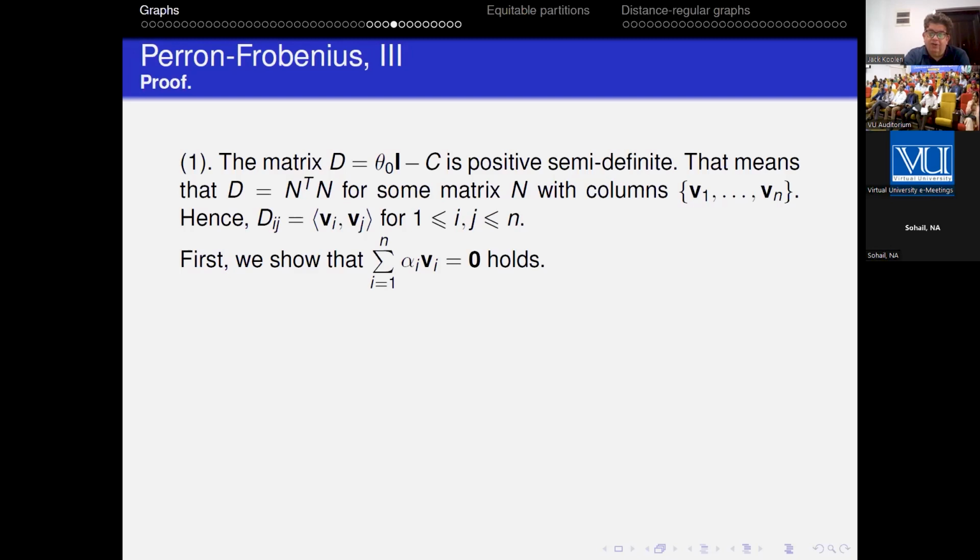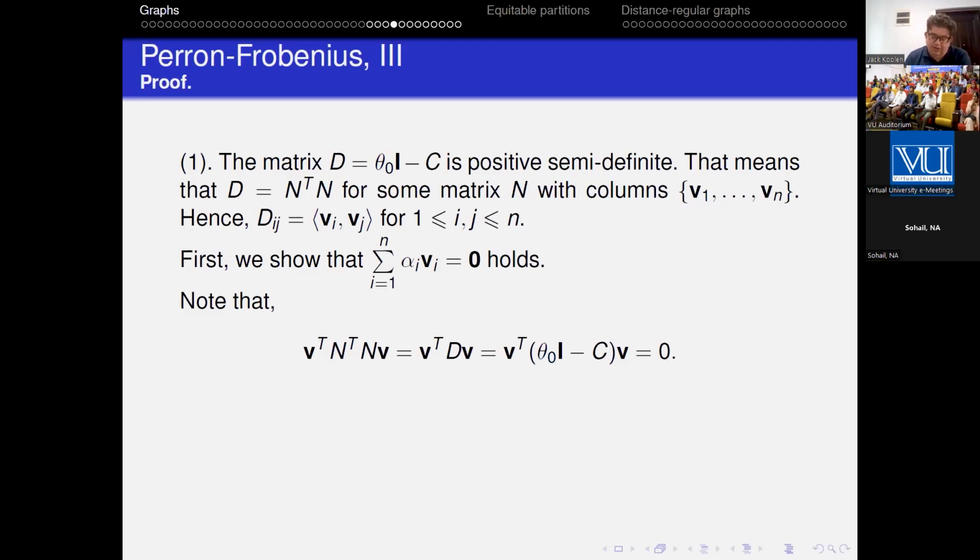First, we show that the sum over i is 1 to n, alpha i times vi, is equal to the zero vector. So how do you prove this? You look at phi transpose N transpose N phi. That is phi transpose times D times phi.